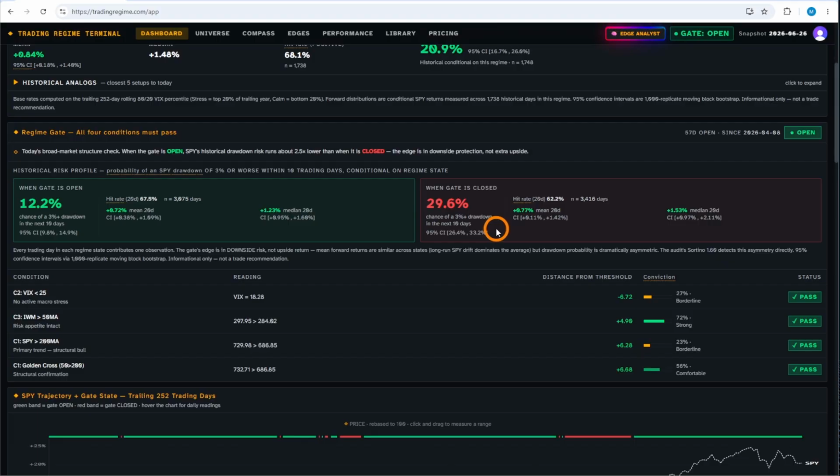Now, that is so valuable. If you are trading longs when the regime gate is closed, whether that's intraday, daily, weekly, monthly, long term, we're trading against the probabilities at that point. We're trading against a 2.5x lower than average probability.